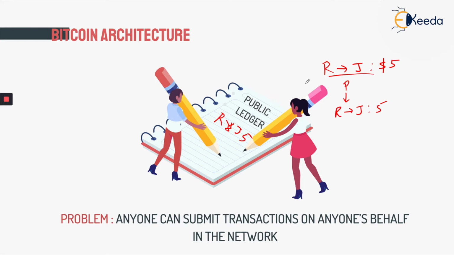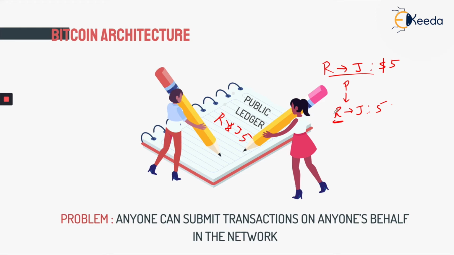So this person can also do this transaction. Should we allow this to happen? No, because nobody else should be able to spend the money that Raghu has and send it to someone called John without Raghu's permission. This transaction should only be done by Raghu.